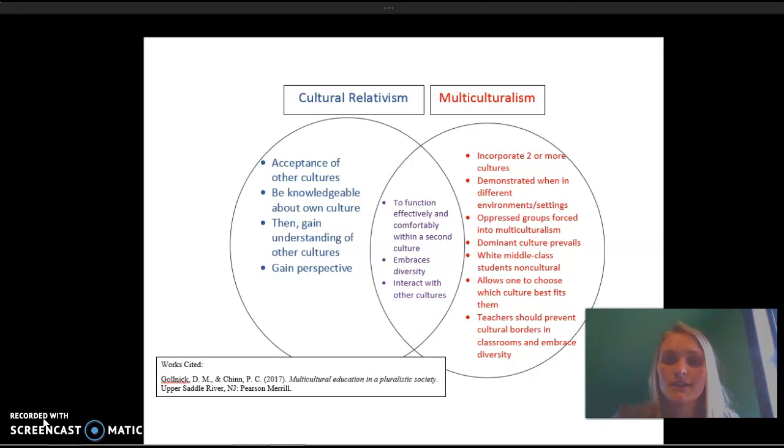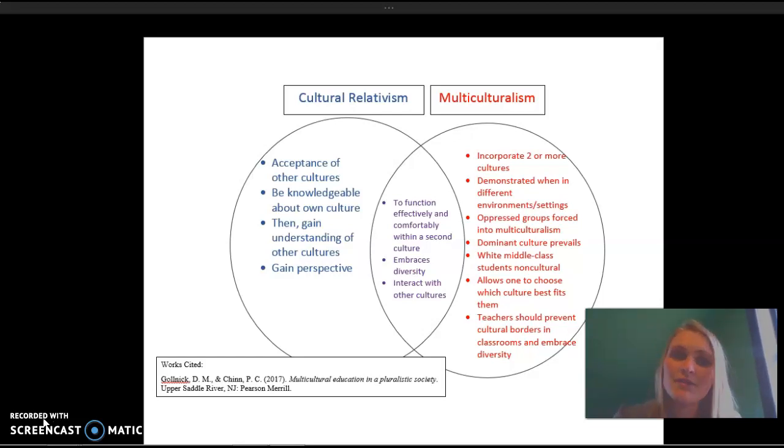The teacher with both of these concepts is helping students learn about their own culture as well as their peers' culture. And I feel like we can do both of these approaches in the classroom, and it's very important because we want all of our students to feel like they are accepted and that they belong.